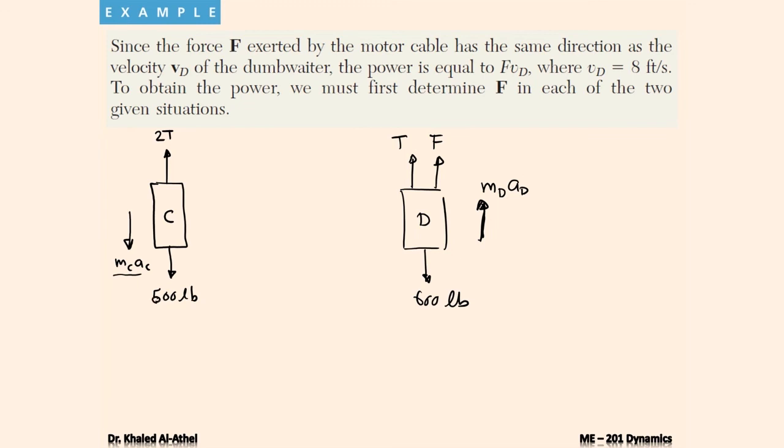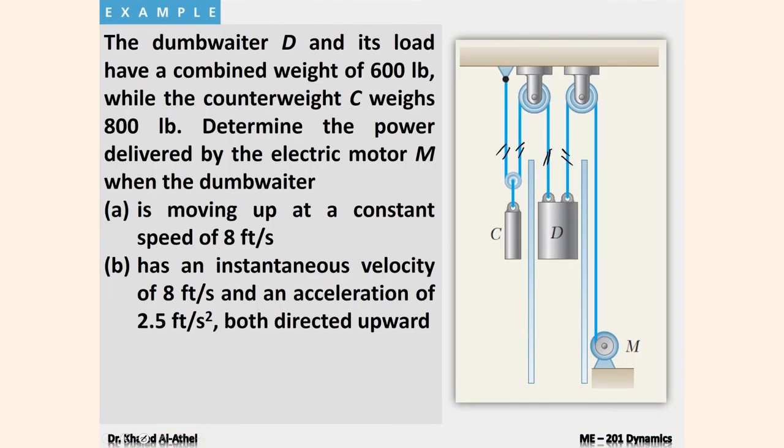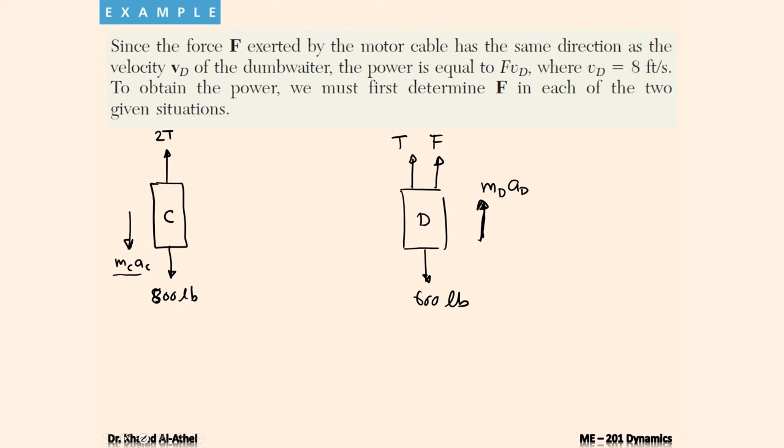So what does this give me? It gives me 2T, since upward is positive, minus 800, should equal 0. You can see here, actually this is 800, sorry, not 500. Let me just check. It is 800, yes. So 2T minus 800 equals 0. This will solve T for me. So I get T equals 400 pounds.